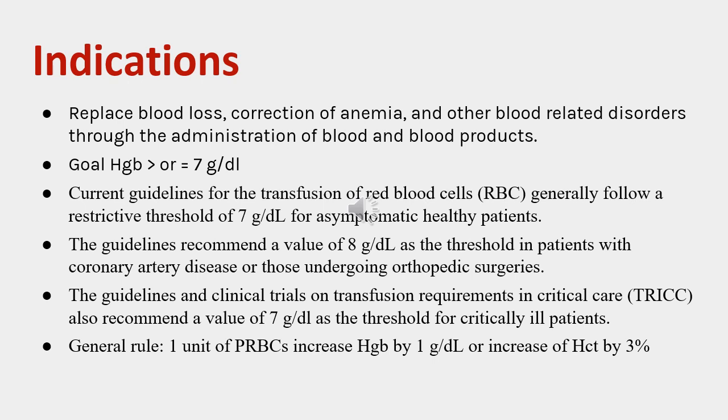It may be appropriate in that situation to go ahead and administer a transfusion. Again, each situation will be dictated by that individual presentation and what is recommended. General rule of thumb is that administering 1 unit of packed blood cells would raise a patient's hemoglobin by 1 gram or their hematocrit by 3%.